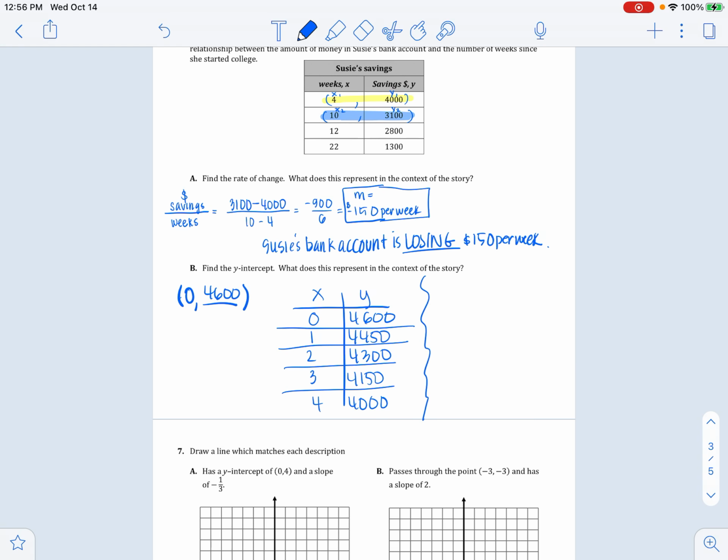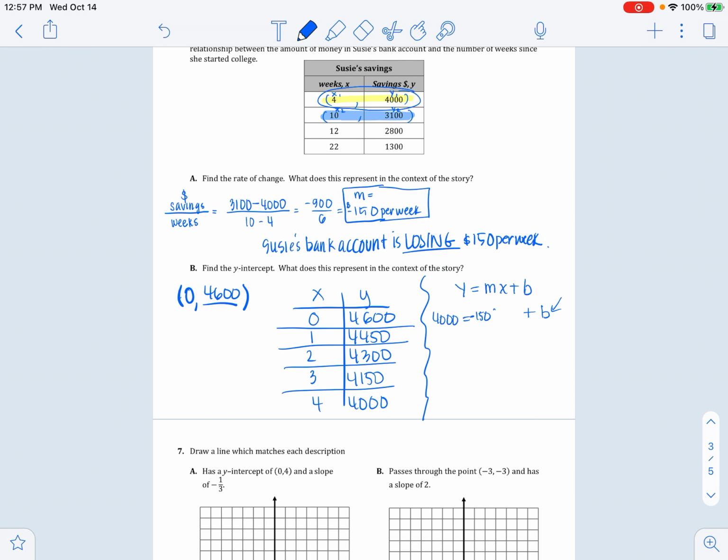But here's another, more algebraic way. You could say, I know that the equation of a line is y equals mx plus b. I'm looking for b. I'm looking for what's the initial amount. So I say, okay, do I know a y value? You can pick any y value you want. I'll use this point right here, and I'll say my y value of 4,000. And then I need my m value, which is negative 150.